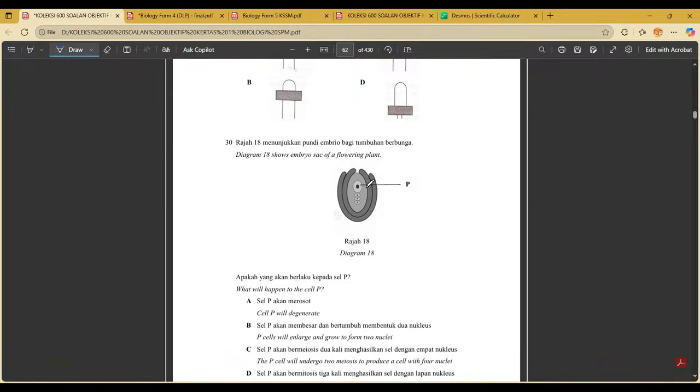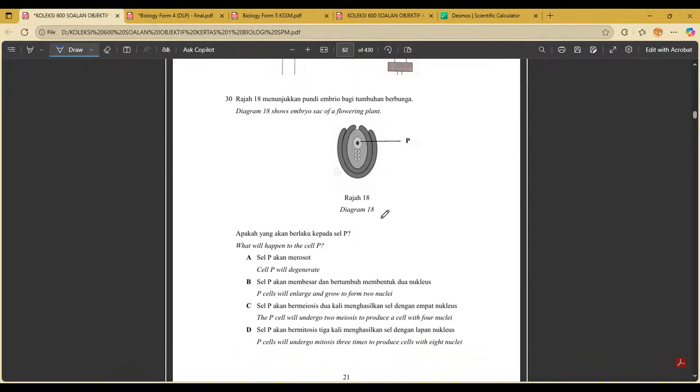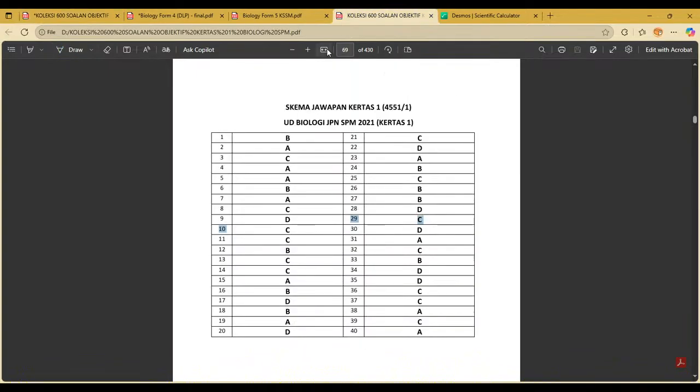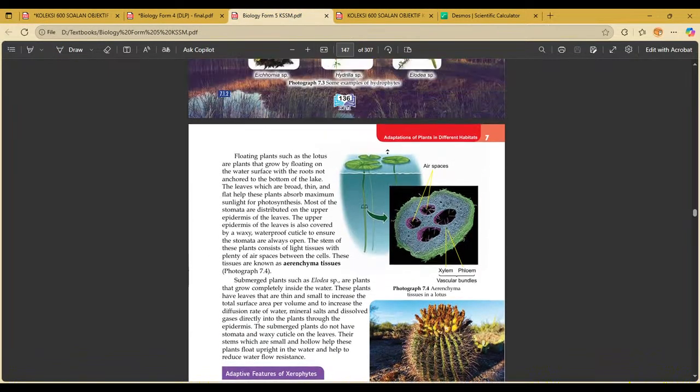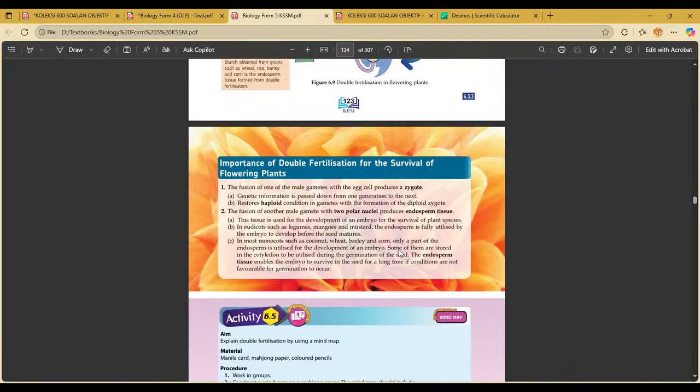Embryo sac of flowering plant. P and PQs. P is the main nuclei that gets fertilized, while the other three are polar bodies. What's the word?